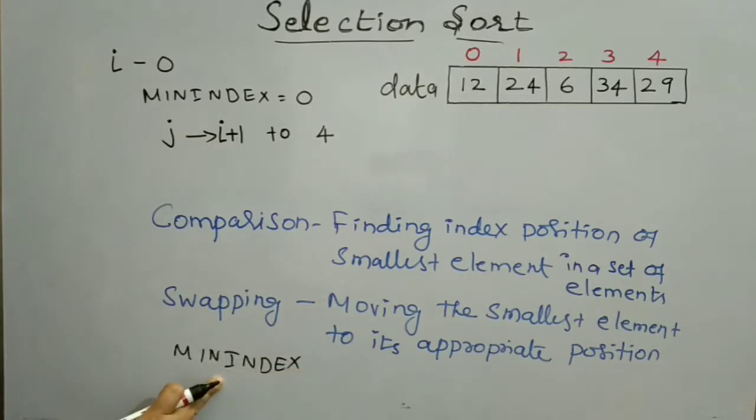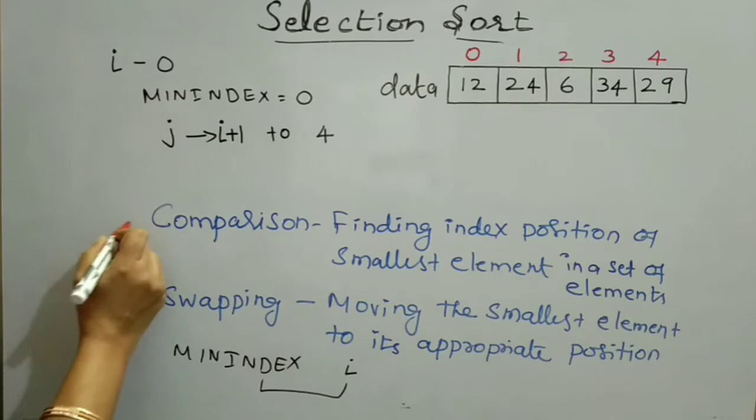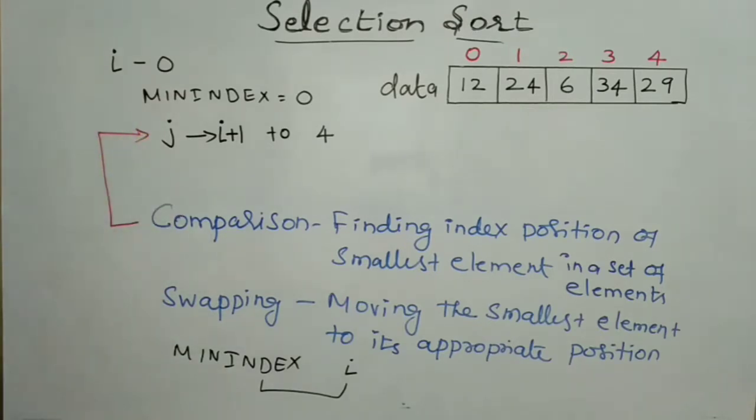Minimum index is the index position of the smallest element in the set of elements, that is going to be swapped with the element in position I in the swapping procedure. In the comparison procedure, in the given set of elements, we find the smallest element and its index position, which is there in minimum index. In the swapping procedure, we swap the minimum value which is there in minimum index position with the element at I.